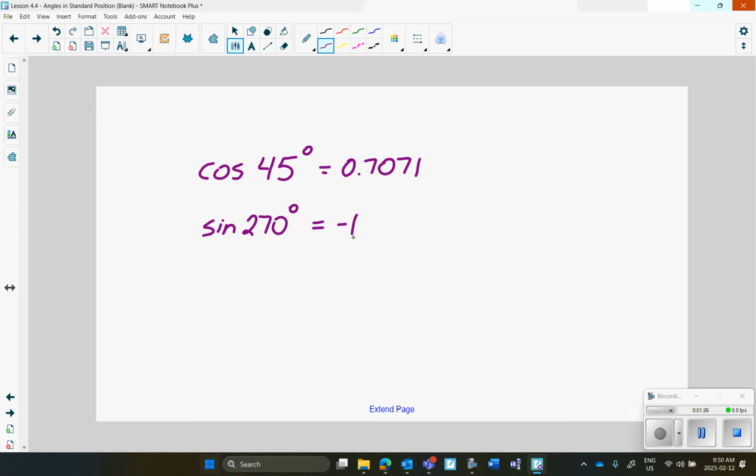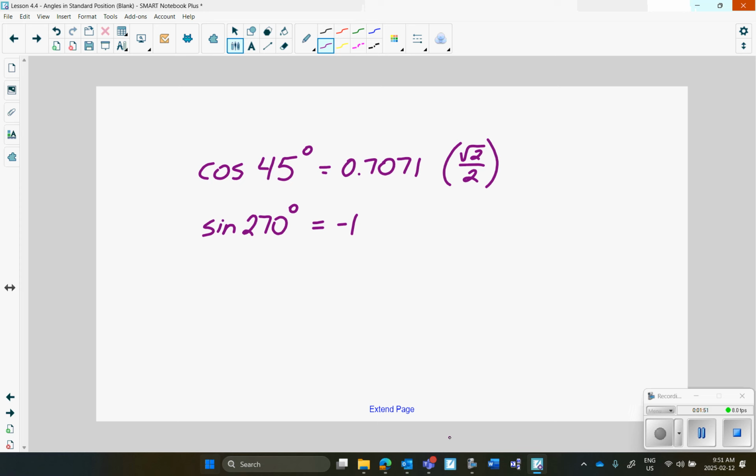No, it is not 1. Oh, 0.7. It's the same thing. So this equals this exactly, and this if we punch it into a calculator and round it.